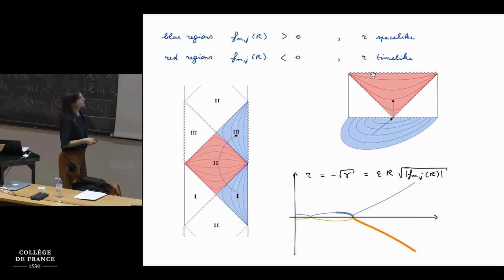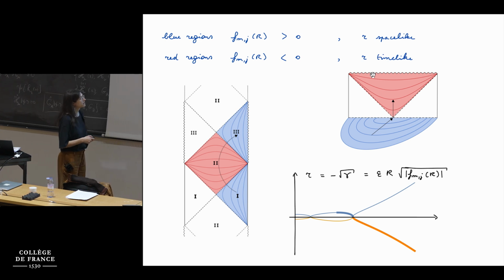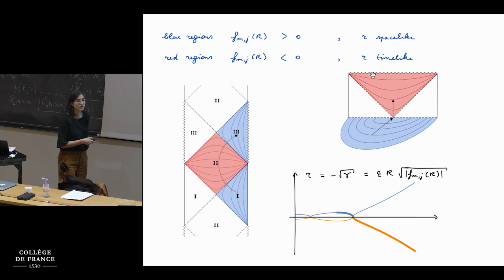And one final diagram here is plotting the volume time for the BTZ solution. So this epsilon appearing here is precisely the sign that appeared in the ansatz.